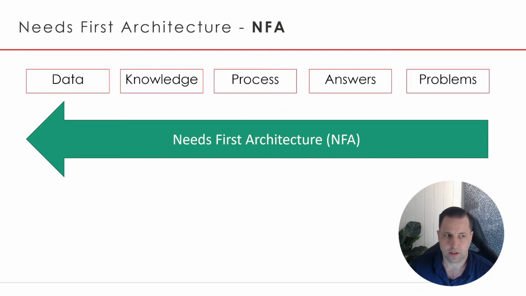If your organization's often reacting to problems or needs when it comes to asset management initiatives, for example, we need a new capital planning tool, or we need to get better at maintaining our assets, then your resultant data and IT architectures are most likely needs first. This means that your organization typically starts with the problem, shown on the right, then it chooses or develops a solution to solve the problem, and only then it goes looking for the data, inputs, and knowledge required to feed that new solution.